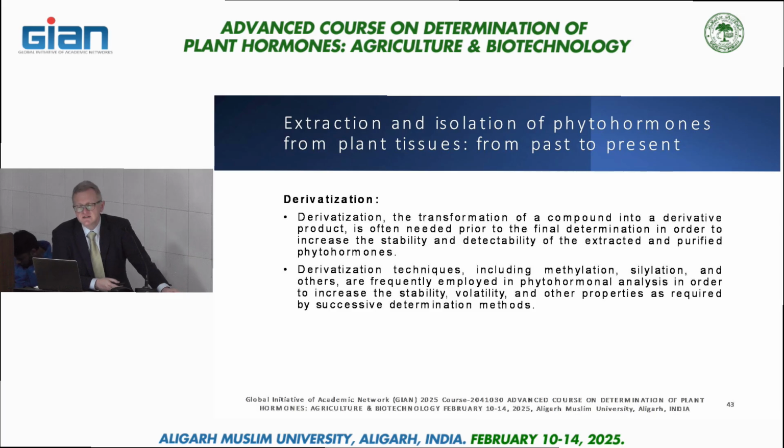Common derivatization techniques include methylation and silylation, which improve the separation and sensitivity of these compounds during analysis. By stabilizing the target hormones and improving their chemical properties, derivatization ensures that even low concentration phytohormones can be detected with high precision. This step is essential in cases where direct detection methods do not provide adequate sensitivity or selectivity.